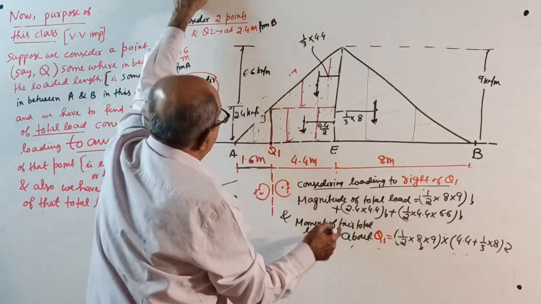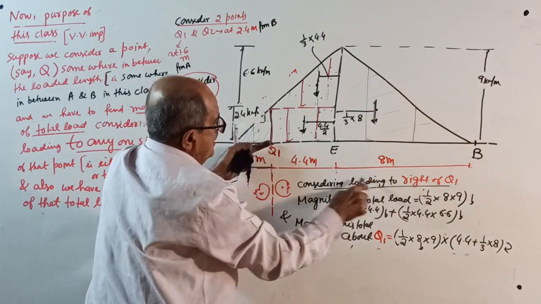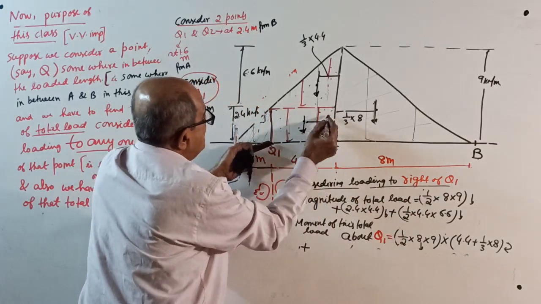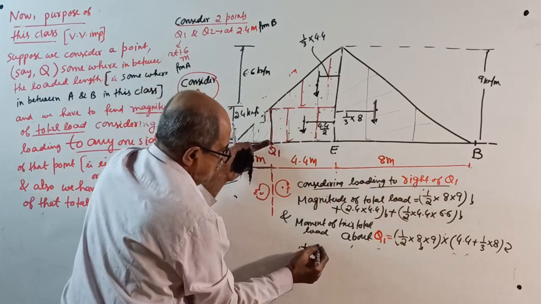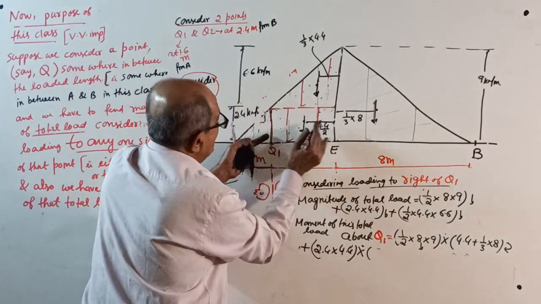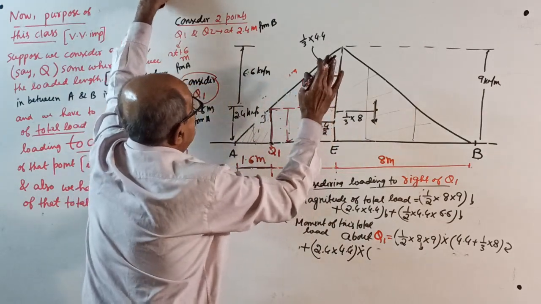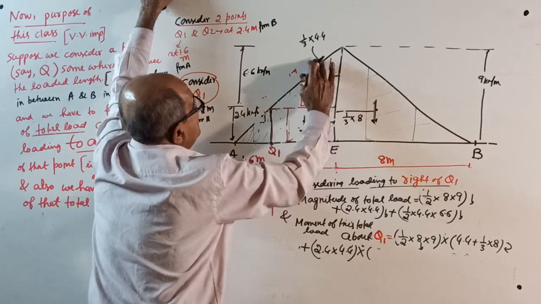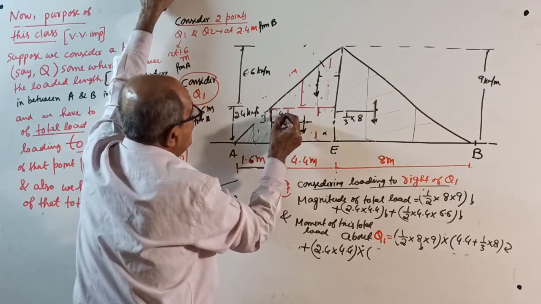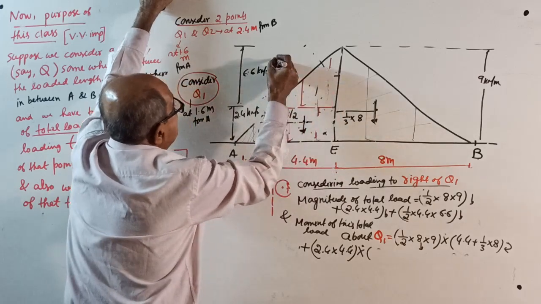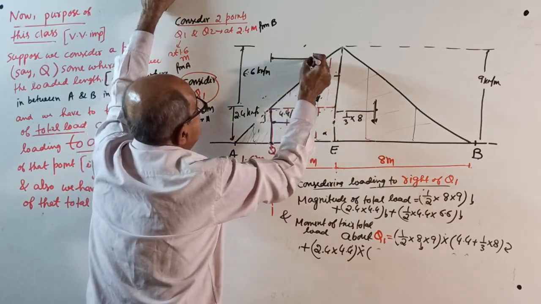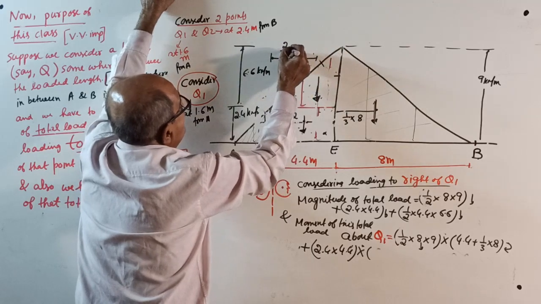Moment about Q1 equals this load into this distance, same as last time, plus all clockwise now, this moment, 2.4 into 4.4. 4.4 is the total load. We want moment about Q1, so we want this distance. This is 4.4 by 2 only, but this distance will be changing. Total load is here. We want moment about Q1, so this distance will be 2 by 3 of 4.4.